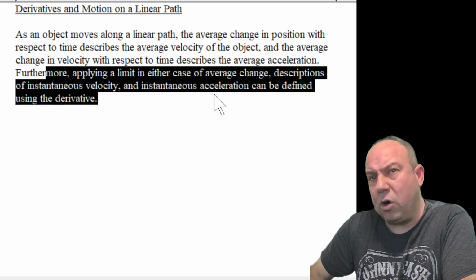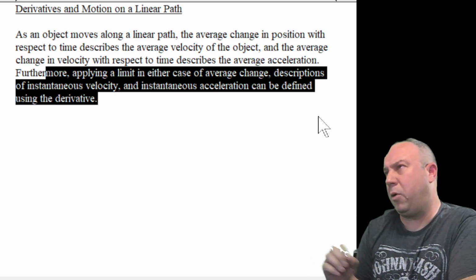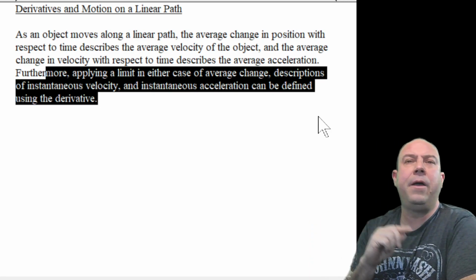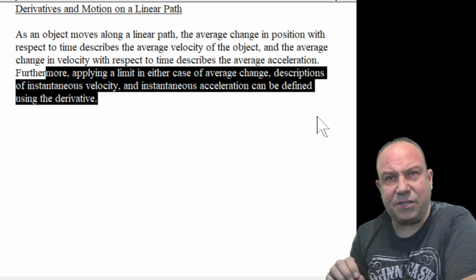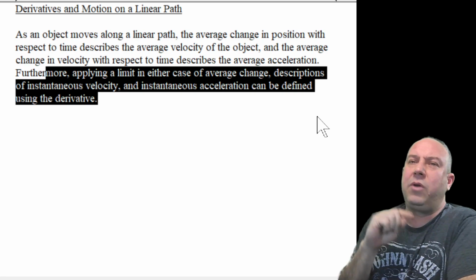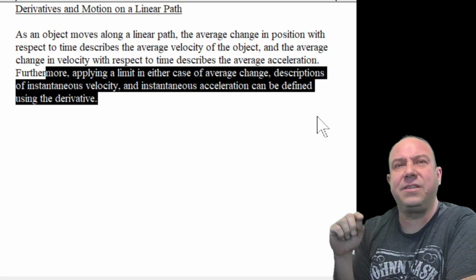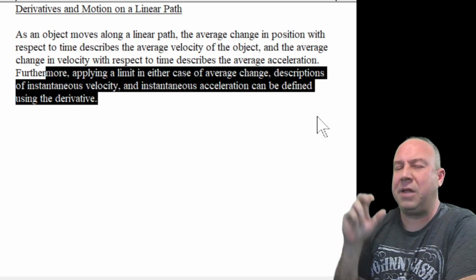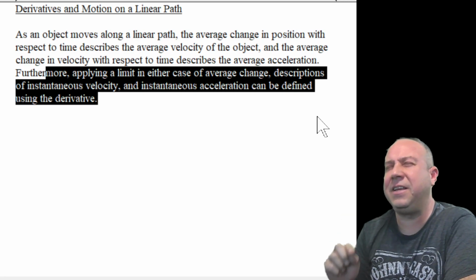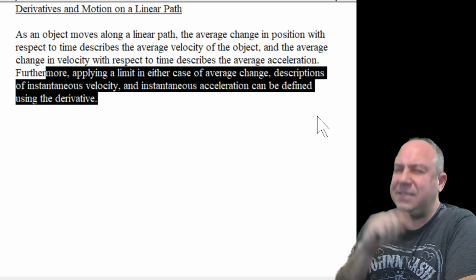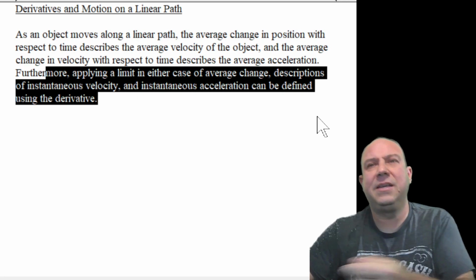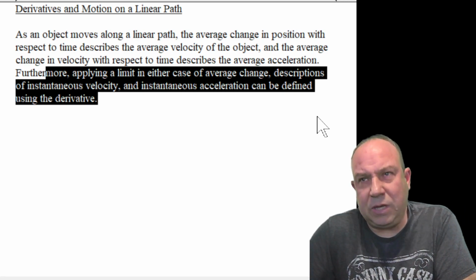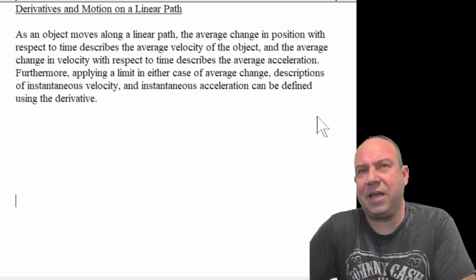And then furthermore, applying the concept of a limit to both of those descriptions, we're going to end up with instantaneous descriptions where we have the case for instantaneous velocity when we're looking at applying a limit to average velocity, or instantaneous acceleration when applying a limit to the average acceleration calculation.